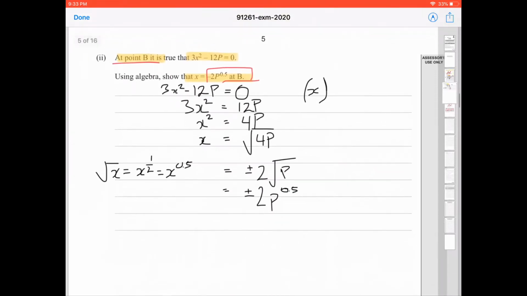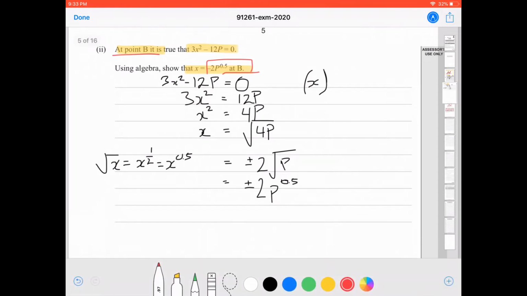We know that. Anyway, point B has a negative x value here. And so when we're talking about x, okay, that's what we're solving for, x equals, we need x to be negative, and the only way we can do that, because p to the power of 0.5 will be positive, meaning the only way we can make x negative here is by saying x does not equal plus 2p to the power of 0.5.